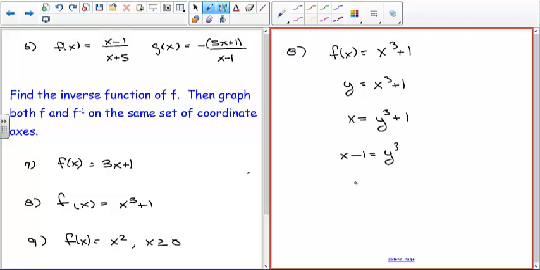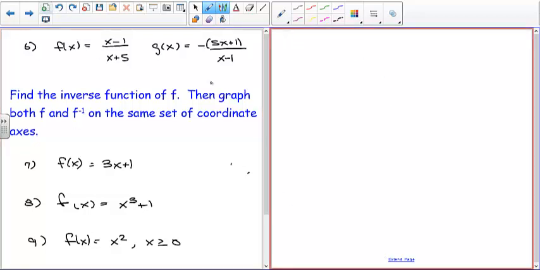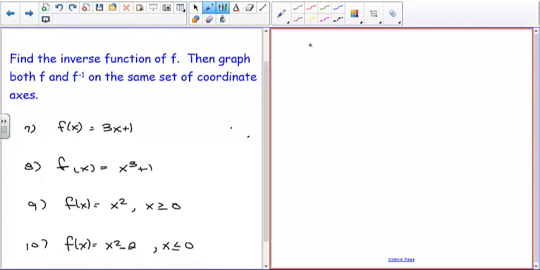Let's go ahead and switch them now and then you'll take the cube root. So the cube root of x cubed is that, and the cube root of that is that. Now I'm going to come back and plot these things, but we're going to go through the process of finding the inverse functions first.